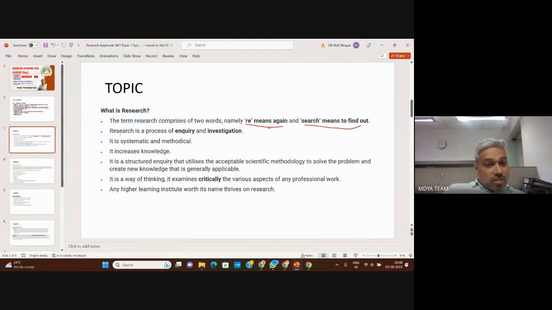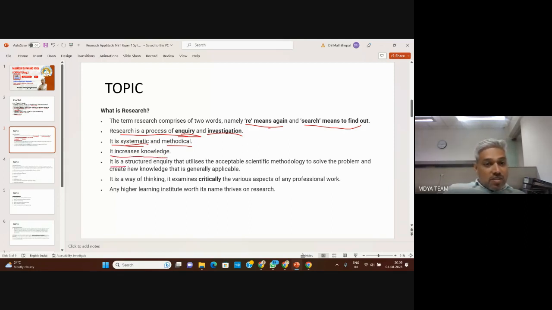Then research is a process of inquiry and investigation. Learn these highlighted words and keep your eye on these words only. It is systematic and methodical. These words will repeat again and questions will come from these words only in your examination. Third one, it increases knowledge.